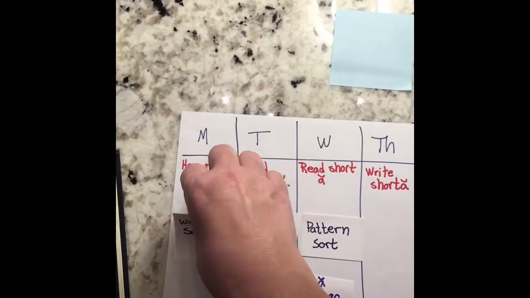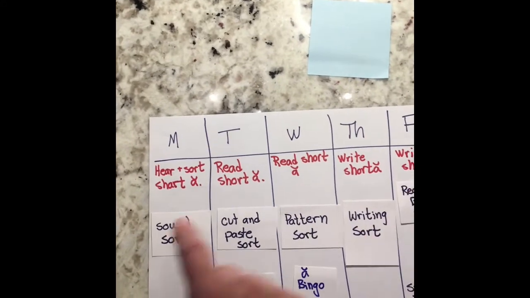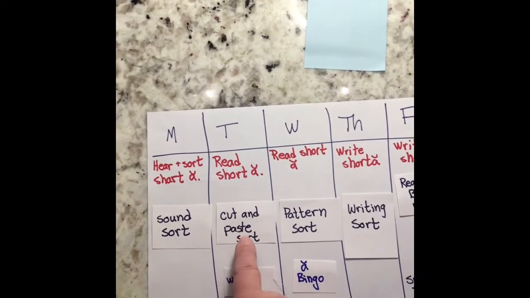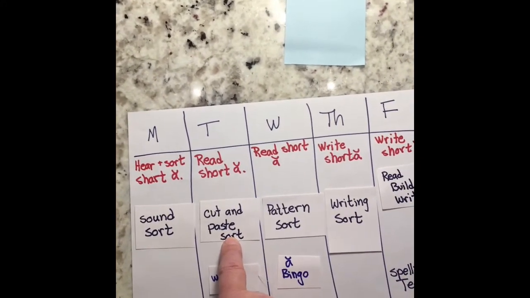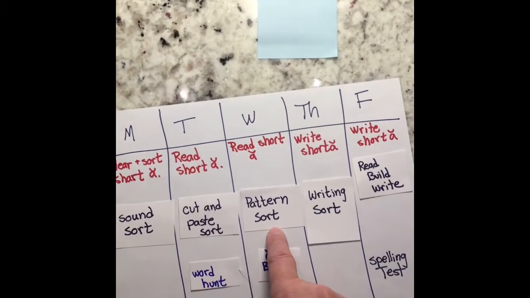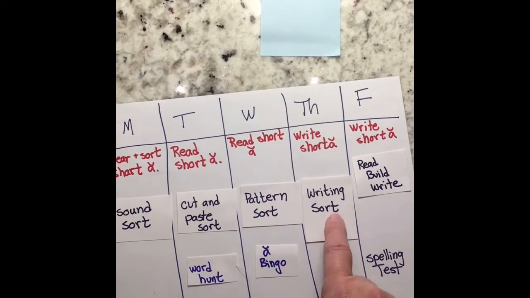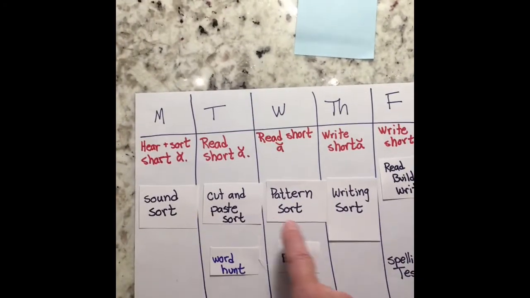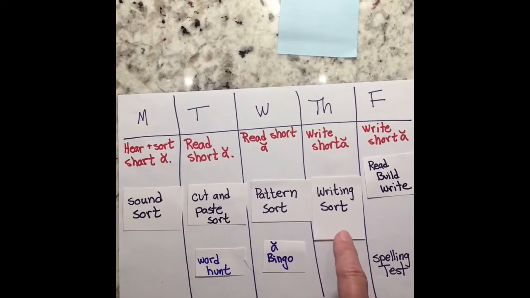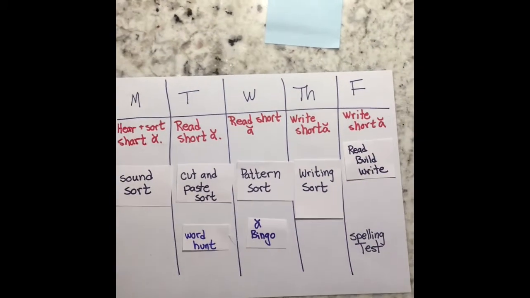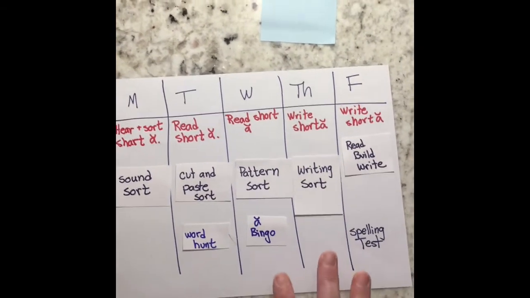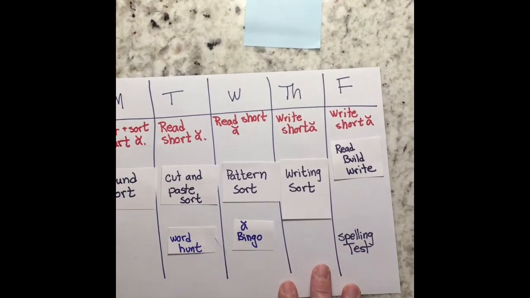Before they can write those short A words, they first have to have listened to the short A, then learned how to read those words in the cut and paste sort, then taken the pictures off and do a pattern sort. Finally, they get to the writing sort. So you have to know what these sorts are and what they teach so that you can use them in the right time frame. This is what we're moving toward next week.